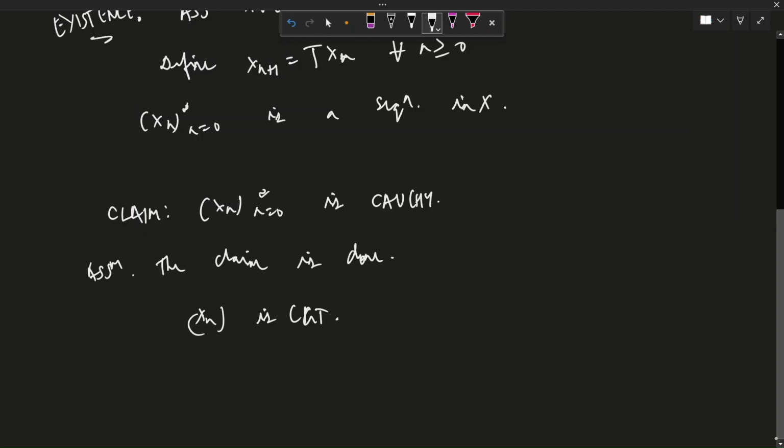And then my claim would be that whatever the limit of the sequence is, that is going to be the fixed point. And that is going to be easy to explain. So that is why I want to prove that this sequence is Cauchy, so that I can ultimately attack the convergence of this sequence. And the tool that I'm using to do that is the completeness of my space. So let us go ahead and prove that the sequence is indeed Cauchy.